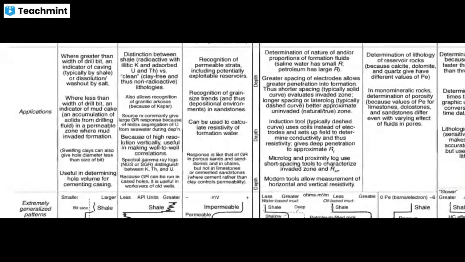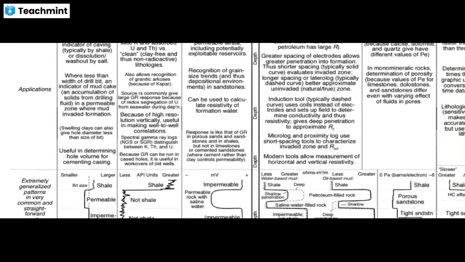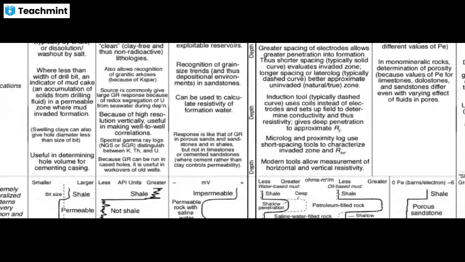Then second one, you can see the gamma ray, GR logging, the distinction between the shale radioactivity, that is K, and observed uranium and thorium, versus your clean, clay free, non-radioactive lithology. Then the source: the GR is large because of redox segregation of uranium from the seawater during the process, and that is shown here.